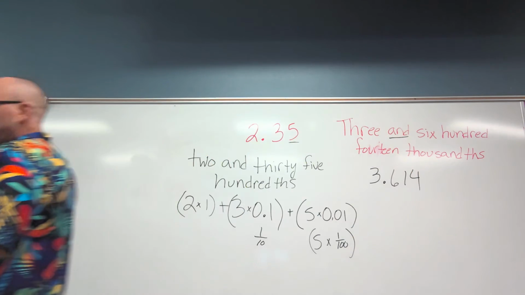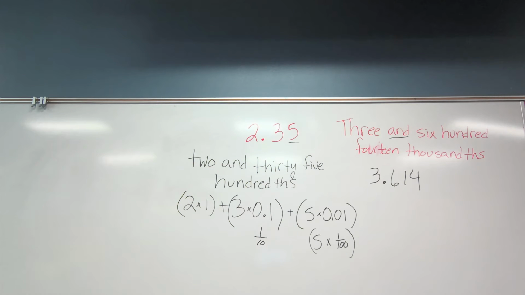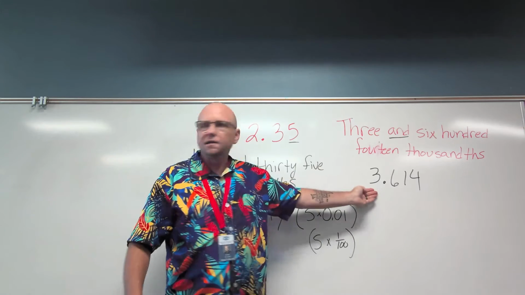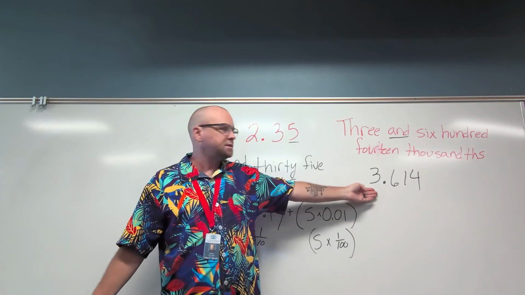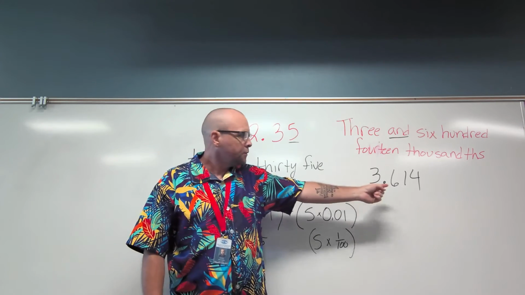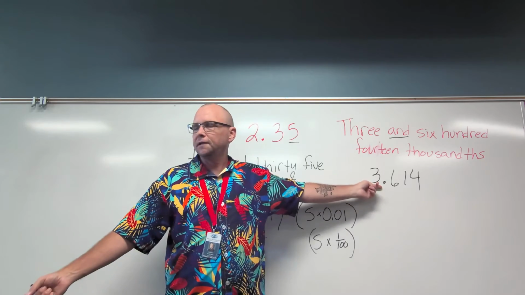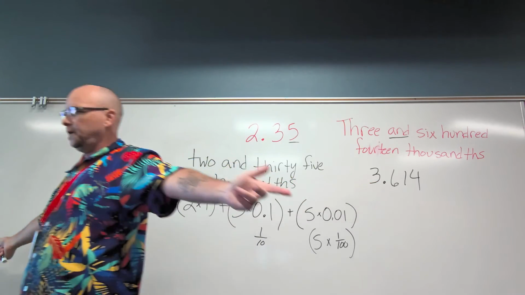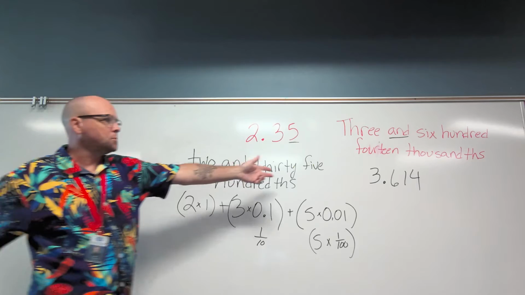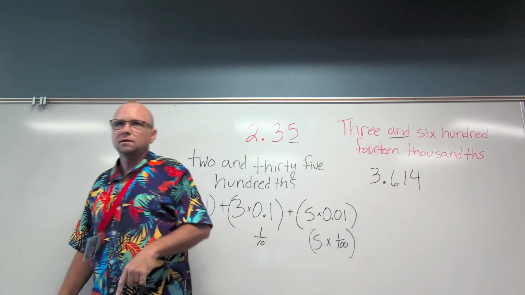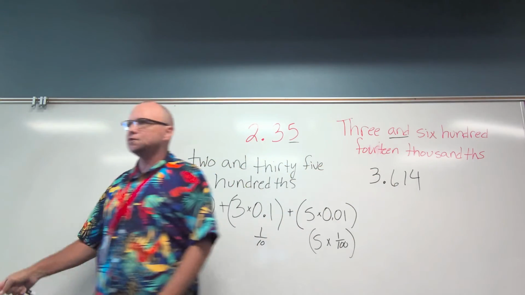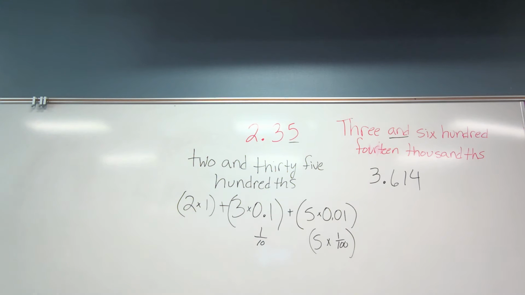3 and 614 thousandths. When I say this, I just have to read the number like I've been reading numbers since I was 2 months old. 3, I just read what's in front of the decimal point, like normal. When I get to the decimal point, I write and. Behind the decimal point, I read it just like it was by itself. 614.